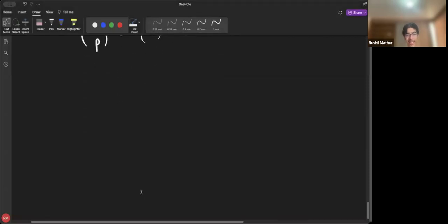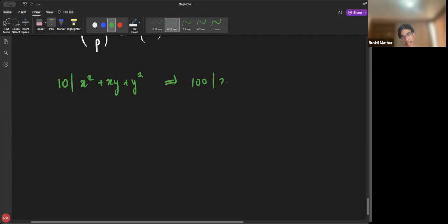Okay. Let's actually do a problem, because I feel like we've spent enough time without doing a single problem. So let's say 10 divides x square plus xy plus y square. And we'll prove that this actually implies that 100 divides x square plus xy plus y square.